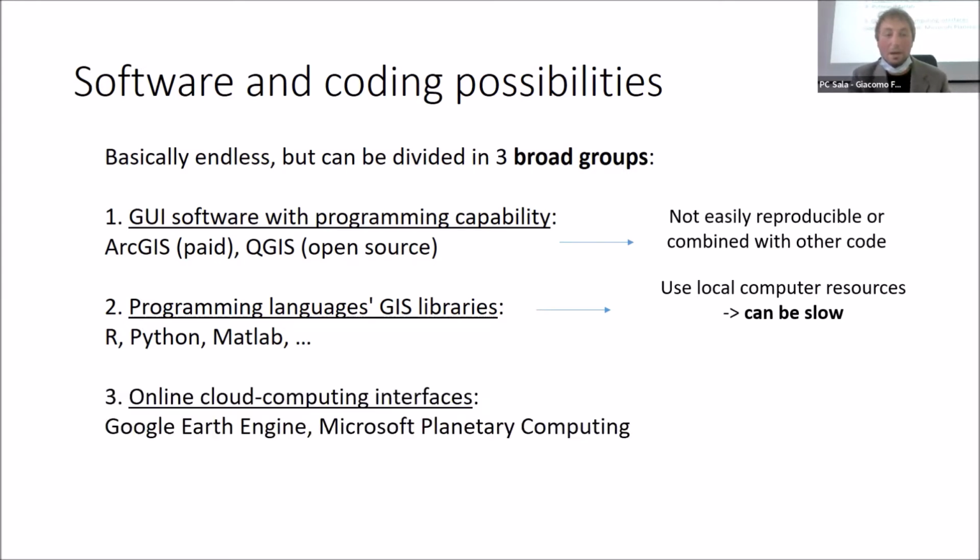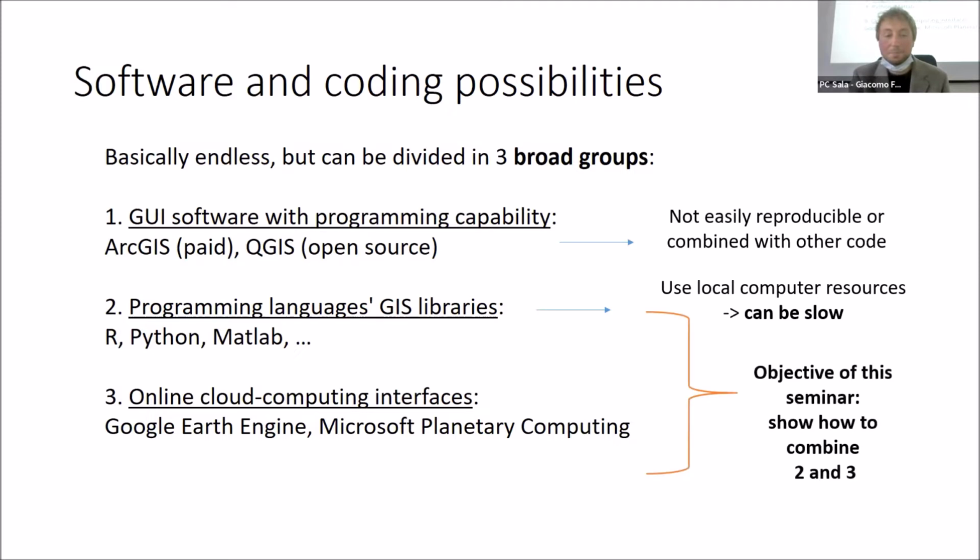And then you have online computing, cloud computing interfaces, which is something relatively new. It's only been a few years since they started appearing. The two main competitors are Google Earth Engine, which is the one we're talking about today, and the very recently launched Microsoft Planetary Computer, which is Microsoft's rival for this type of analysis.